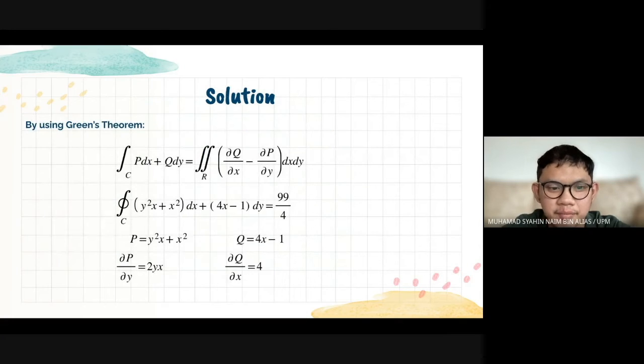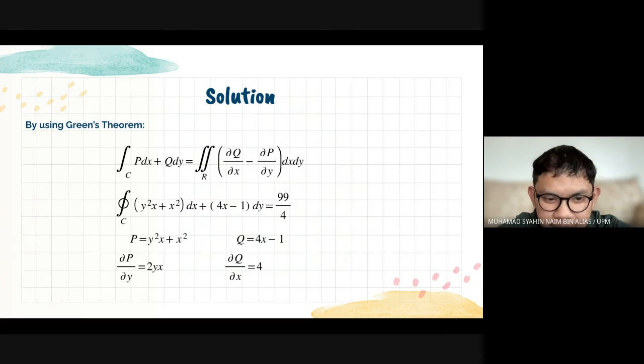Next, as we can see, the integral of P dx plus Q dy, we will double integrate over the region of ∂Q/∂x minus ∂P/∂y with respect to dx dy.